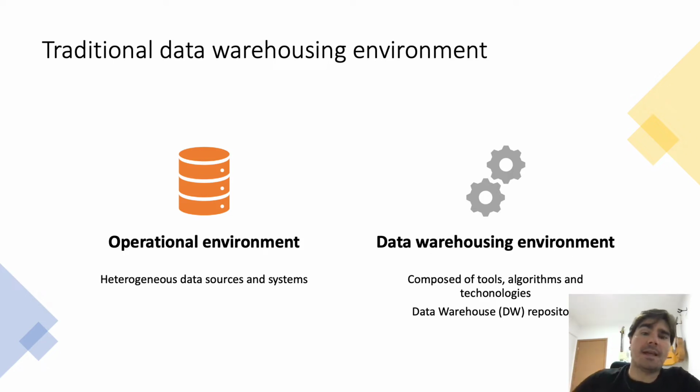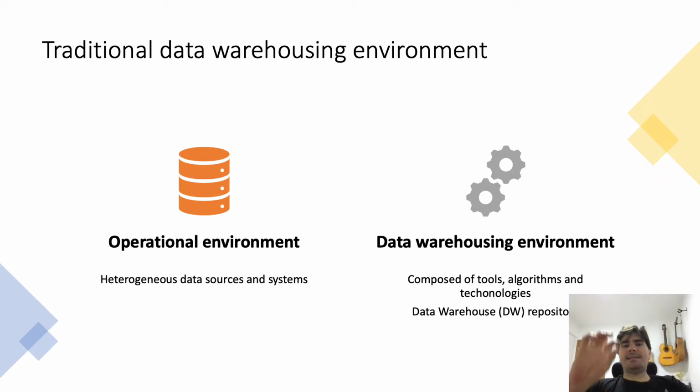On the other hand, we have the data warehouse environment that is composed of tools, algorithms, and technologies, and also of a homogeneous and integrated repository called data warehouse (DW). This data warehouse environment is focused on a decision-making process via OLAP queries and reports.